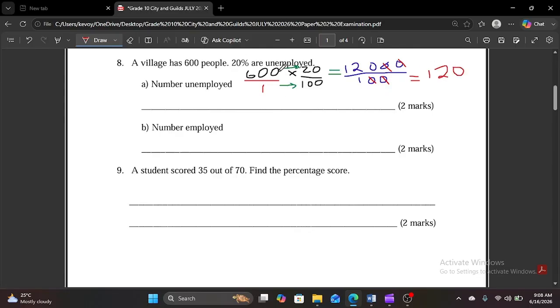So 20% are unemployed. That means the number of unemployed persons would be 120. So how many are employed?